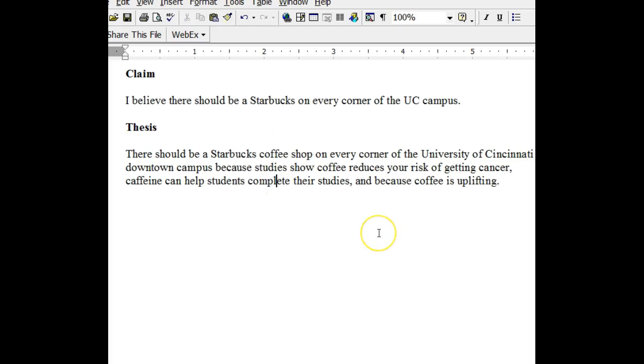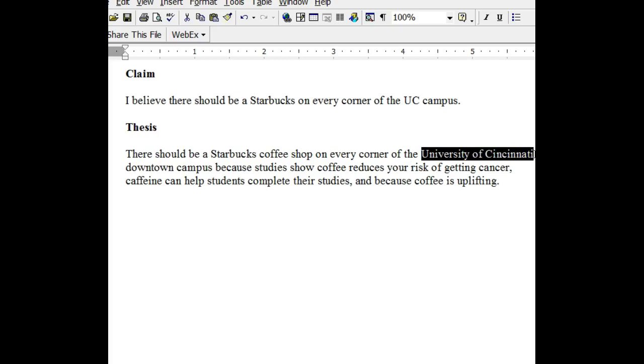Anyway, another way we take into account our audience is making sure that you be specific when you state which part of the university campus we're talking about. So, University of Cincinnati is big.